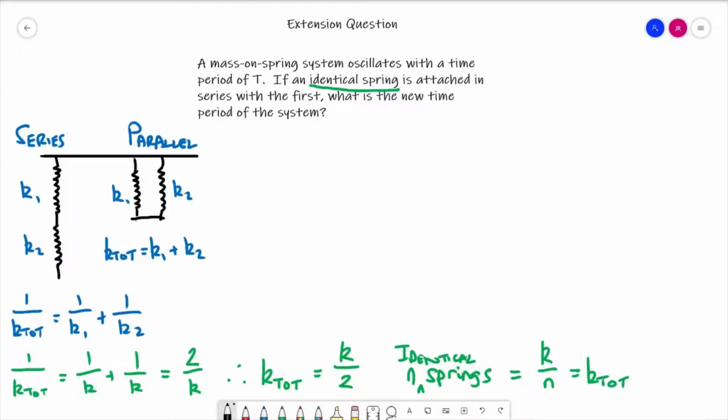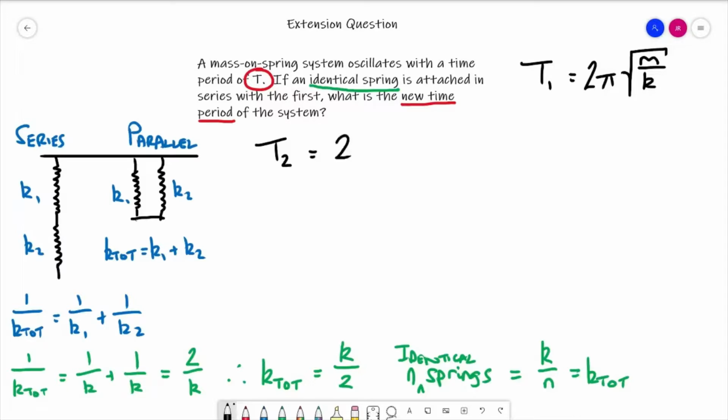First, I'm going to define T1, which is this time period here. I'm going to define that as T1 is equal to 2 pi root m over K. I'm then going to define T2, which is now the new time period that we're looking for.